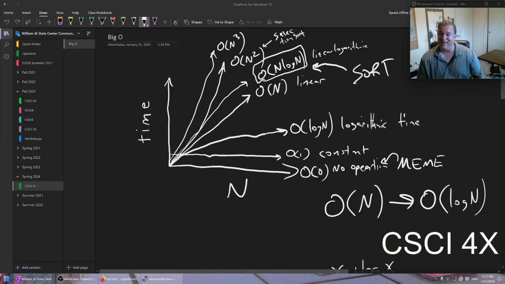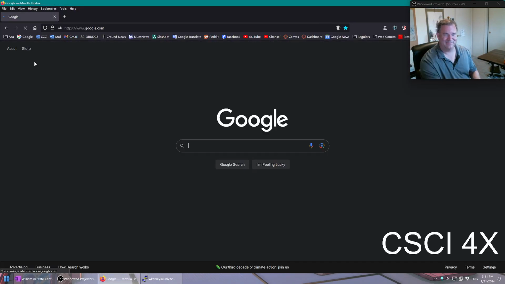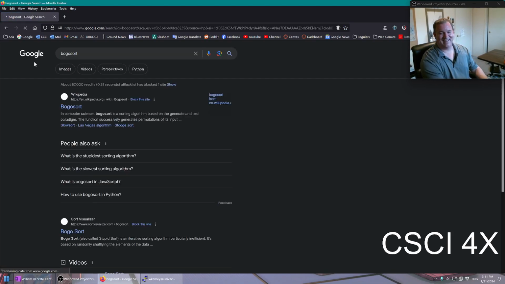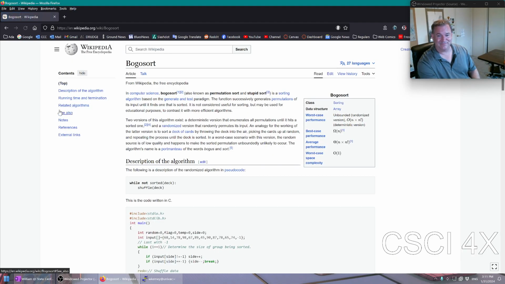So let me tell you guys about one of my favorite sorting algorithms. It's called Bogosort. It is not an order n log n algorithm. Also known as stupid sort.